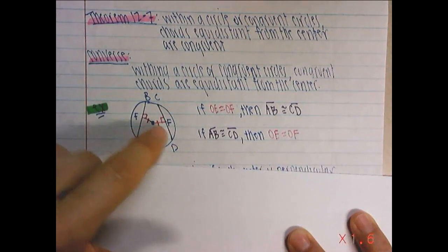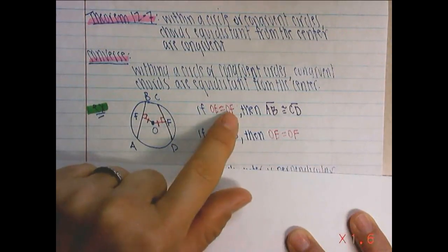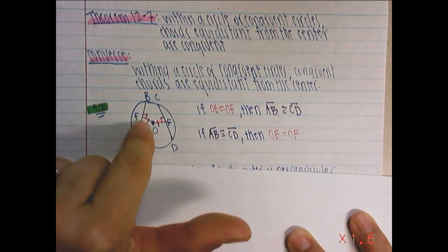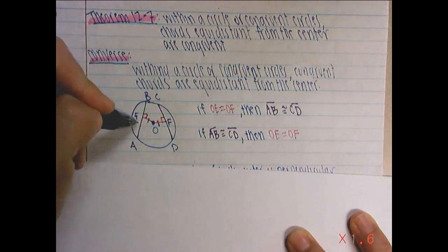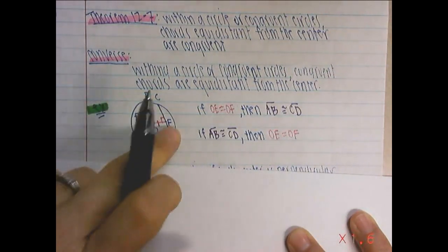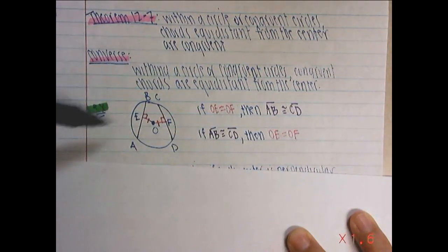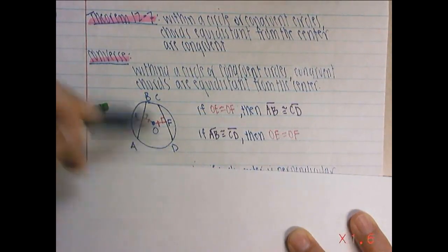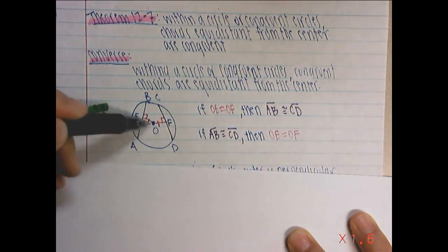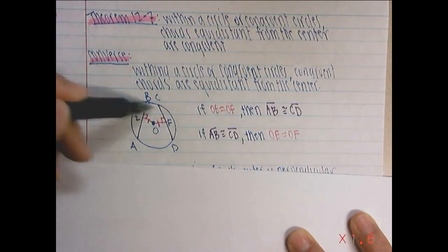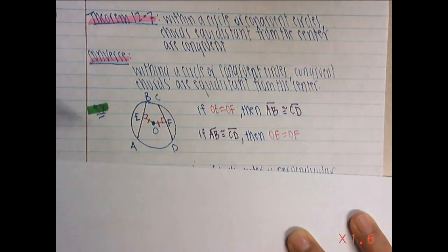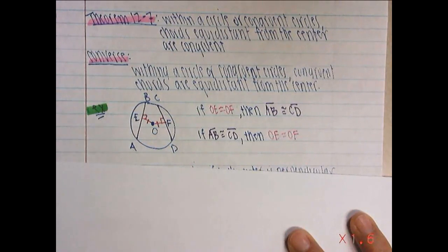If we know that OE right here is congruent to OF, then we can say that AB and CD are congruent. As long as we know that these are equidistant from the center, then we know that these chords are congruent. And the same thing, if we know that these two chords are congruent, we know that they're equidistant from the center.